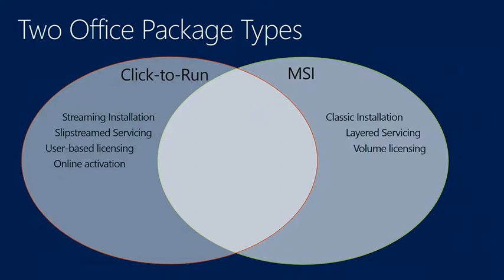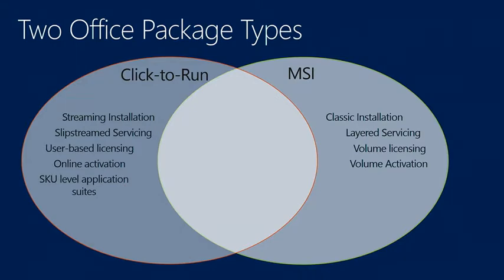Because traditionally, with MSI, you had volume activation, you needed to be joined to the domain, you'd hit your KMS server, you'd hit your MAK key, you'd push out group policies. But now when we have so many devices that just don't support group policies, we need a newer way of doing it. And that's where the Office 365 activation service comes in. It allows you to control that outside of your firewall and enable or disable users to be able to install and activate themselves wherever they are.